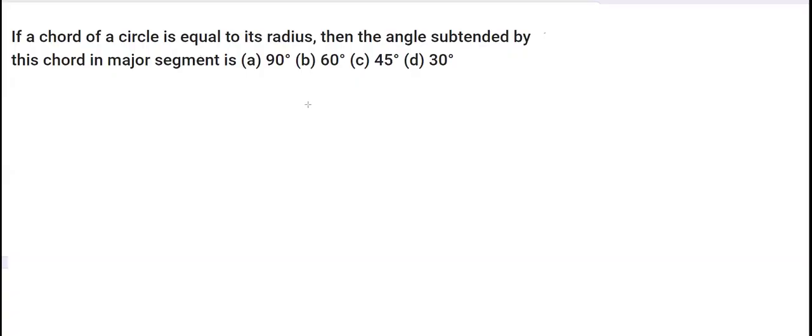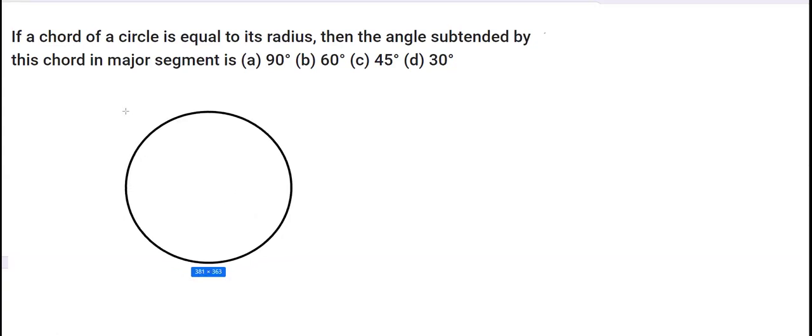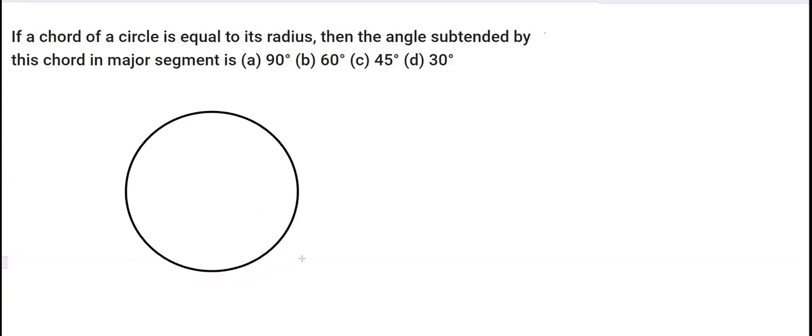The next question is based on the equilateral triangle property. It says a chord of a circle is equal to the radius of the circle. You should always remember, whenever the length of a chord is equal to the radius, it is always an equilateral triangle, irrespective of whatever other information is given.